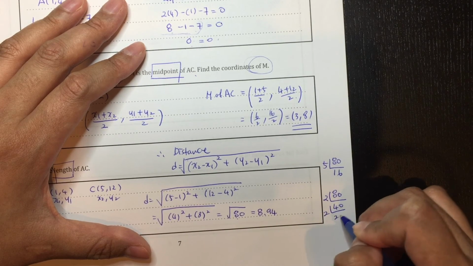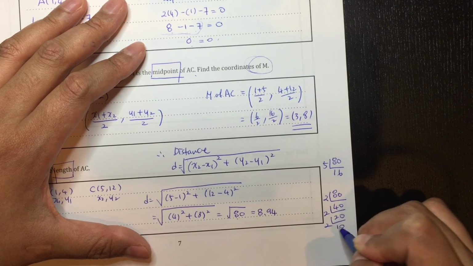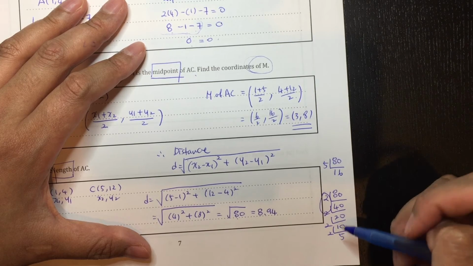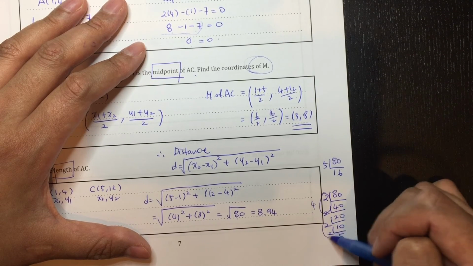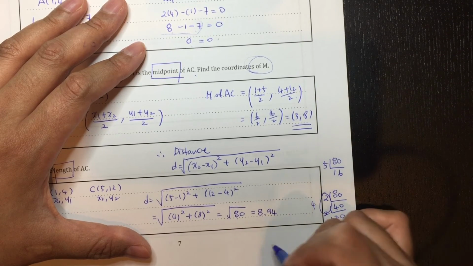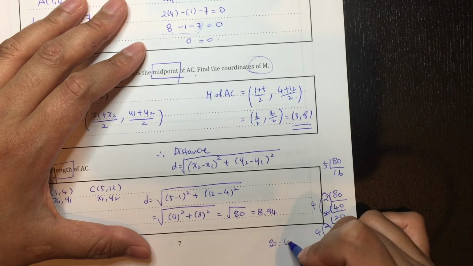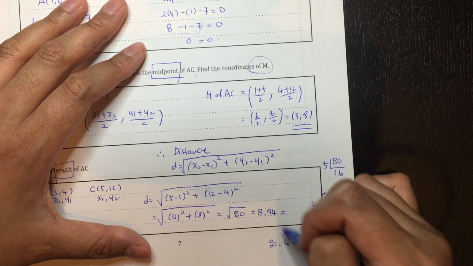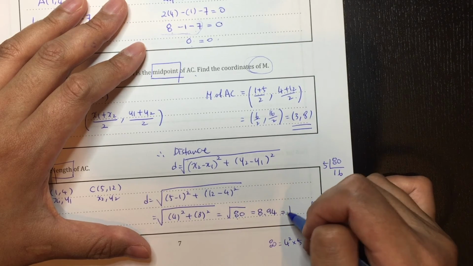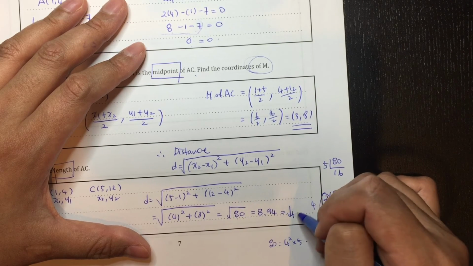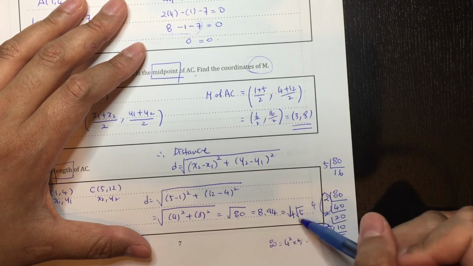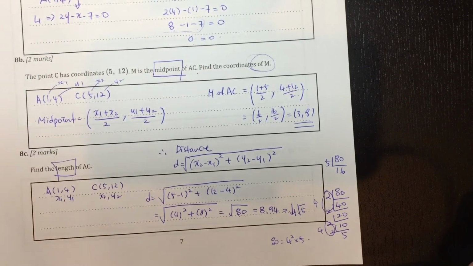You know that 80 is 4 squared times 5, so square root 80 is equal to 4 square root 5. You can write either of these as an answer.